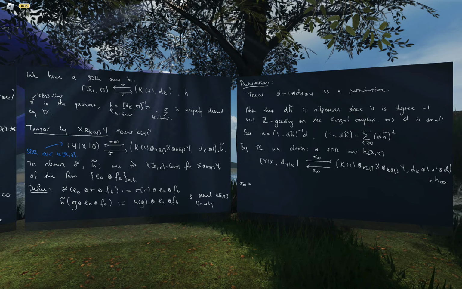Sigma infinity is just given by sigma tilde plus HA sigma tilde, right? We showed that in the perturbation lemma. So pi infinity, according to the perturbation lemma, is this.